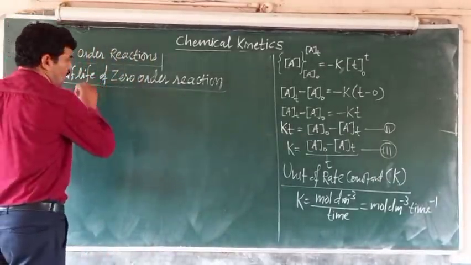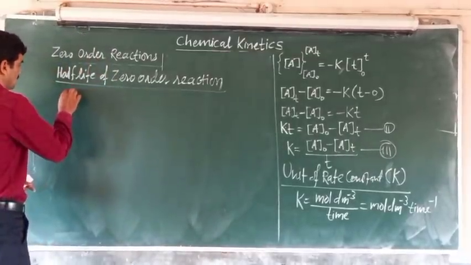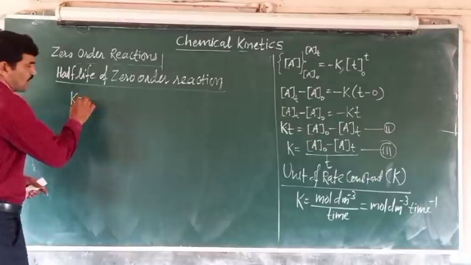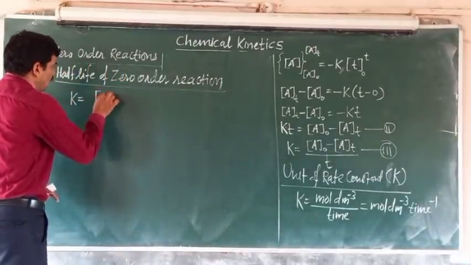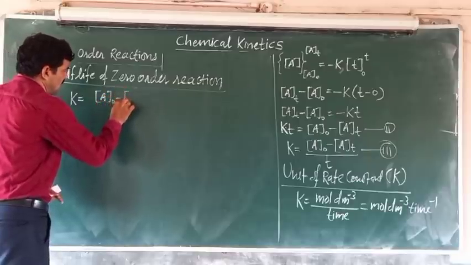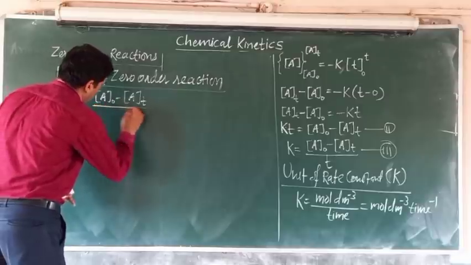Now for the zero order reaction, the integrated rate law is K equal to A0 minus At upon t.